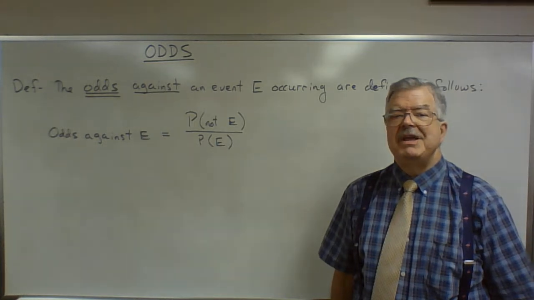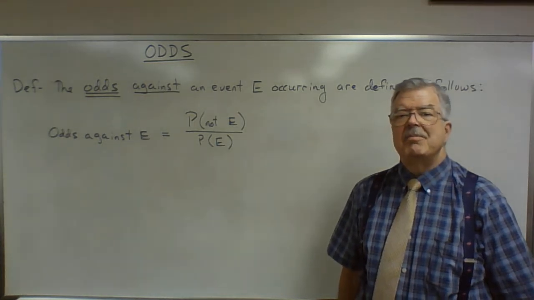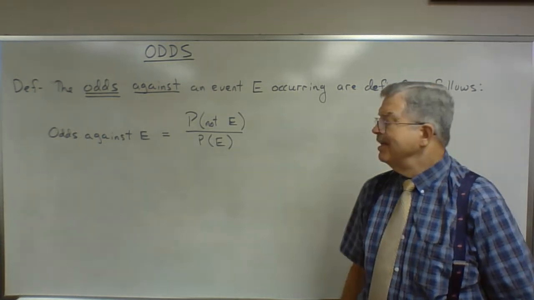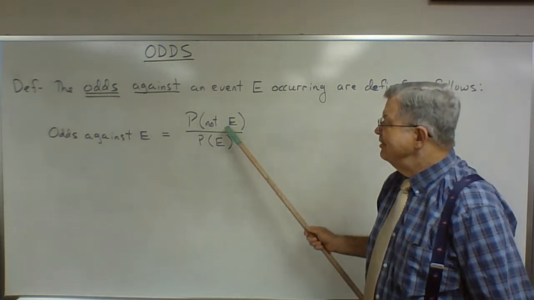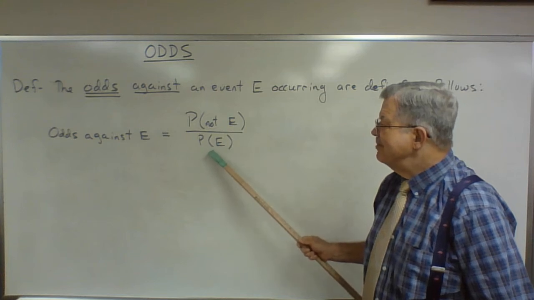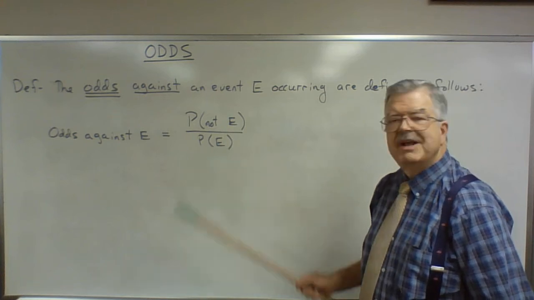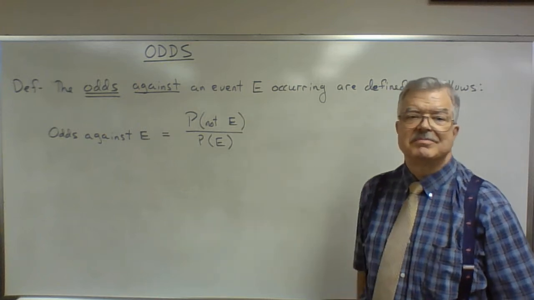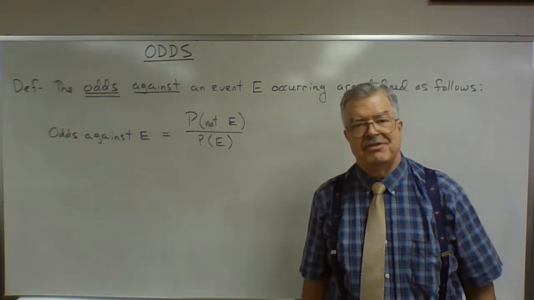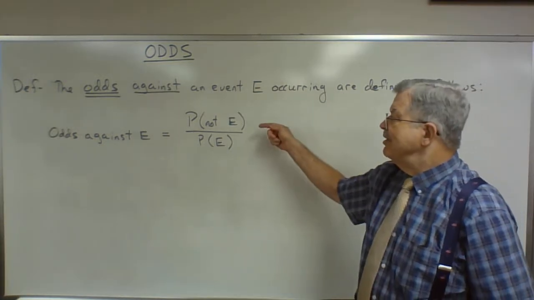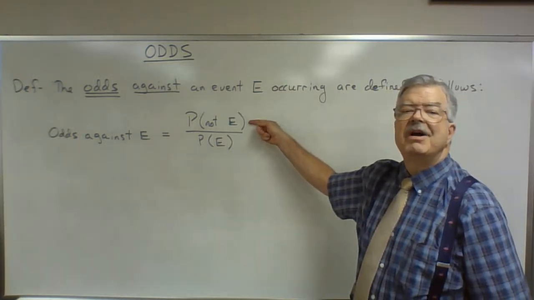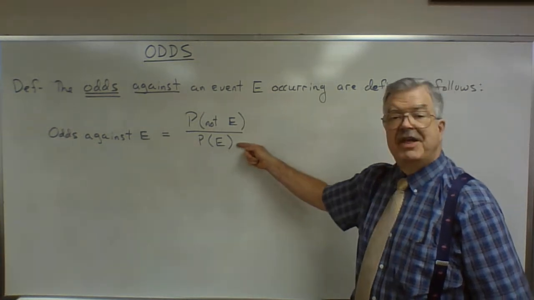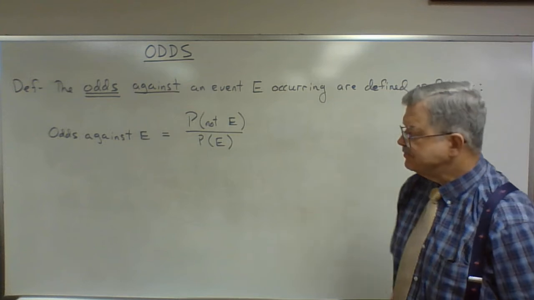Now, what that really means is the probability of their not getting struck by lightning, which is not E, divided by the probability that they do get struck by lightning, is 1,000,000 over 1. Or another way of putting this, in a person's lifetime, they're 1,000,000 times more likely not to get struck by lightning than they are to get struck by lightning.